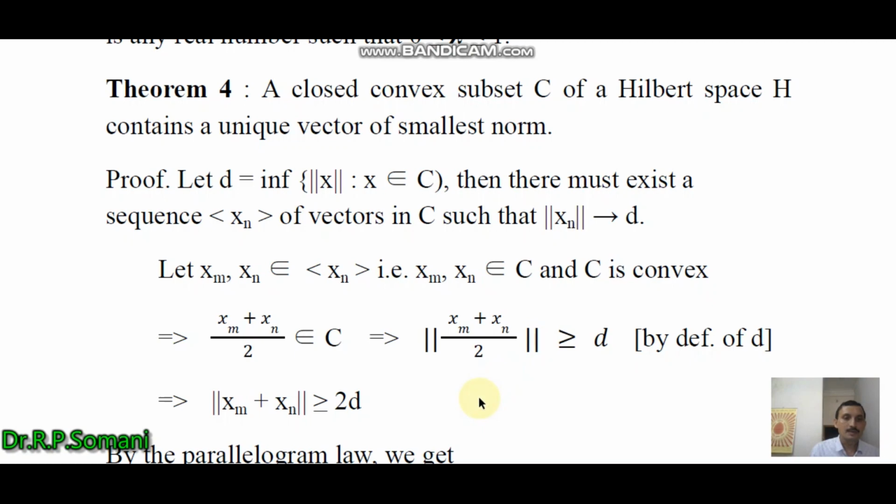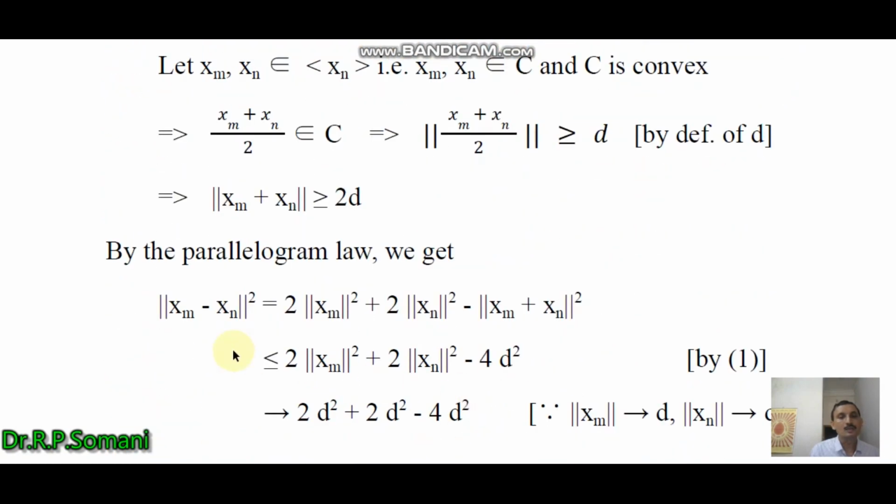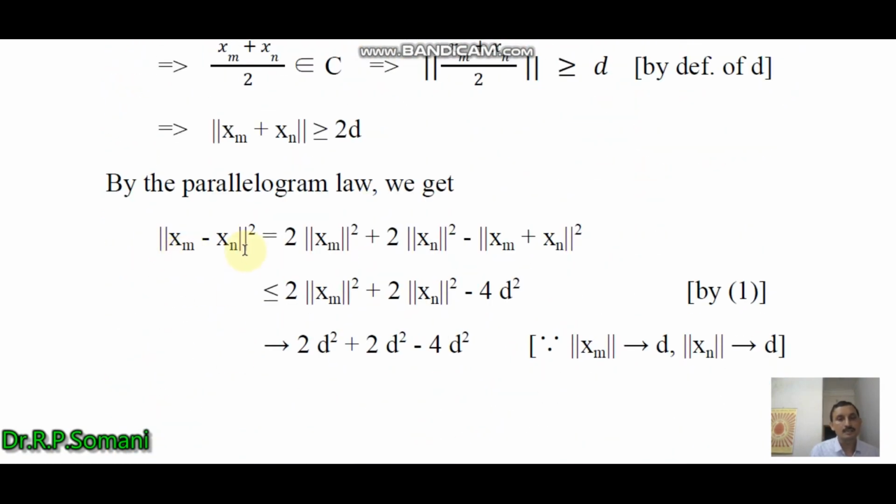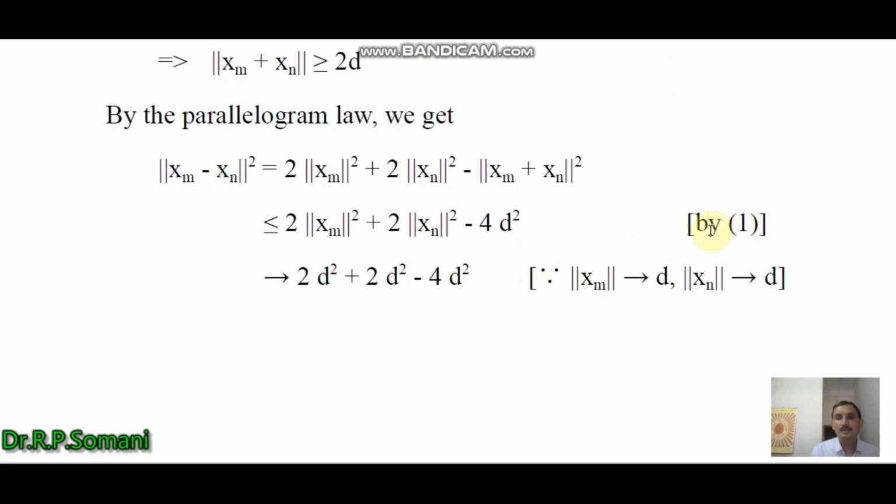Then by the parallelogram law, we obtain that norm of xm minus xn squared equals twice norm xm squared plus twice norm xn squared minus norm xm plus xn squared. Then by using equation 1, we write this quantity as 4D squared.